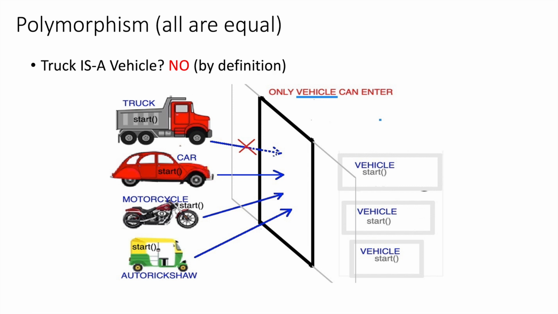That is the reason I have purposely shown a truck here, and the truck cannot enter through this gate because by definition a truck is not a vehicle. This is where you will realize the concept of inheritance resonates. The is-a relationship with the base class, and on the door it is written only vehicles are allowed. Similarly, heavy vehicles are not allowed on this bridge.